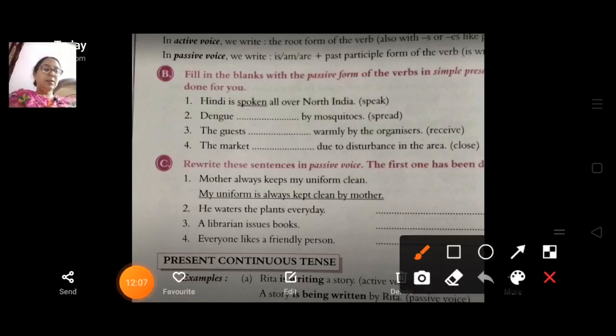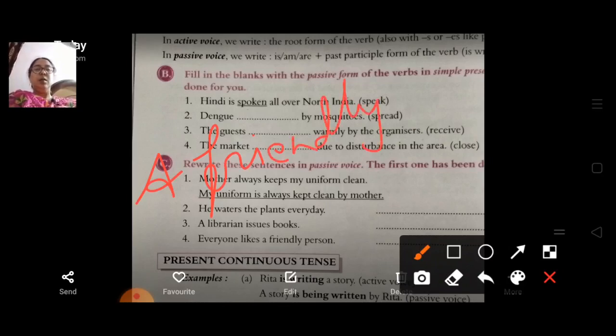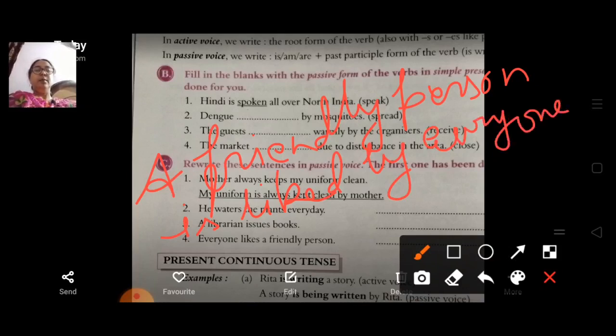Now we are going to write, friendly persons, a friendly person, it is written over there, so we will write a friendly person is liked by everyone. Okay, so complete it.